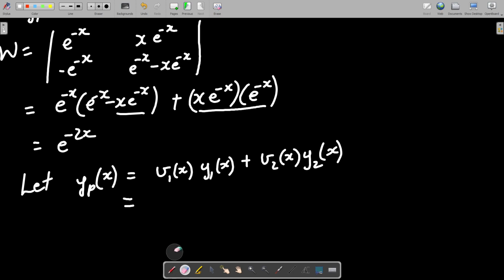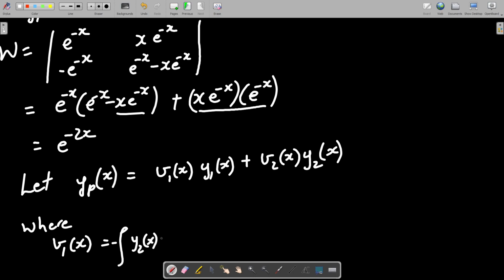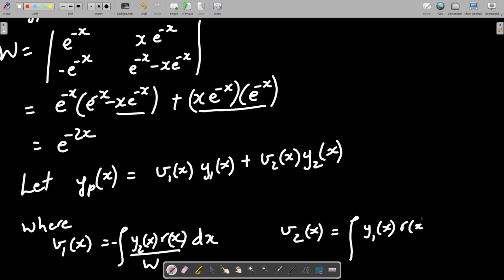Okay, so where I have to write down where v1 of x is nothing but minus integral of y2 rx upon Wronskian dx and v2 is equal to integral of y1 rx upon the Wronskian. Okay.